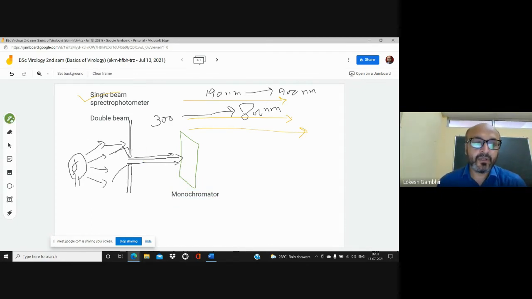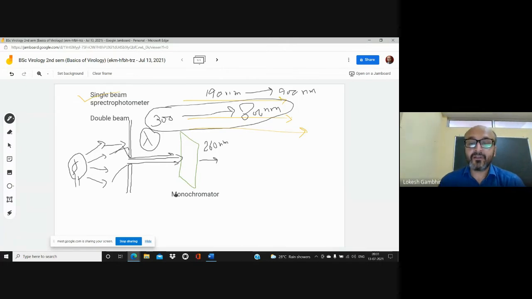Here I told you that we have all the possible wavelengths, the values of lambda. Suppose from all the possible wavelengths, 300 to 800, I only want the wavelength of 260 nanometers. Suppose, for example, I just want this single wavelength.